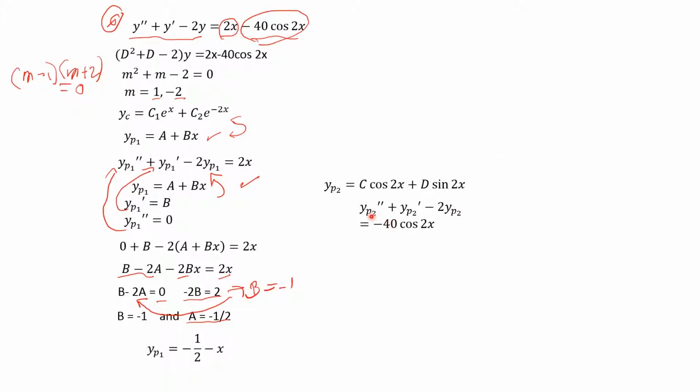So we need yp2, yp2 prime, and yp2 double prime. Your yp2 is c cosine 2x plus d sine 2x. The first derivative is negative 2c sine 2x plus 2d cosine 2x. The second derivative is negative 4c cosine 2x minus 4d sine 2x.